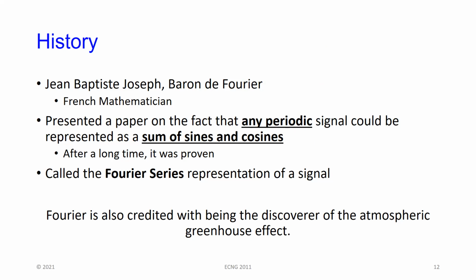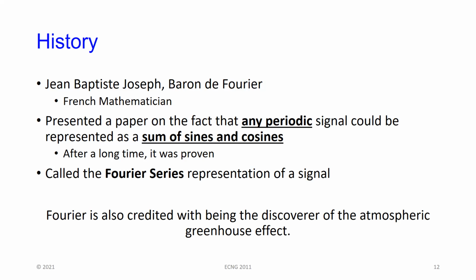And you remember, a sine and a cosine is basically the same signal, it's just offset. There's a phase difference of 90 degrees or pi over 2 radians between the two of them, but it's the same signal, essentially.